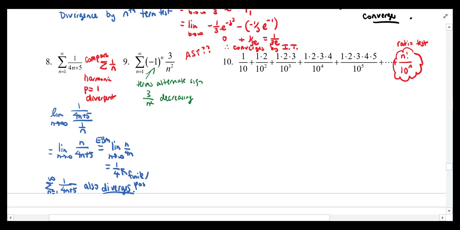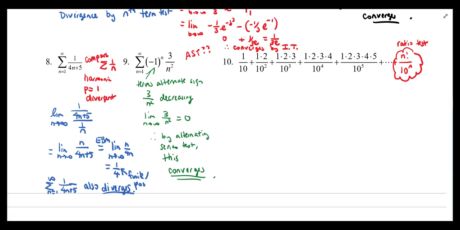The last thing I need to check is that the limit as n approaches infinity of 3 over n squared definitely equals 0. So therefore, by the alternating series test, this converges. I shouldn't say also. I'm not comparing to anything else here. This is the alternating series test.